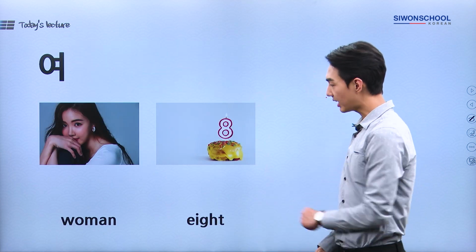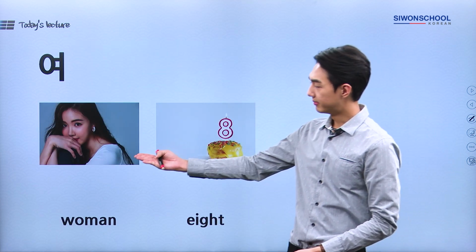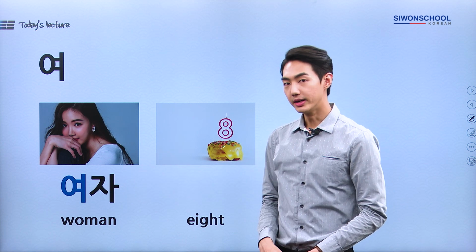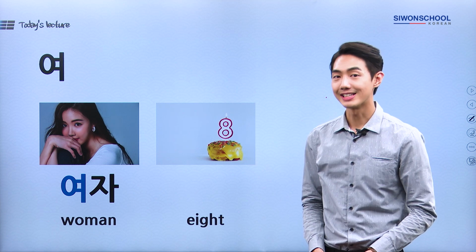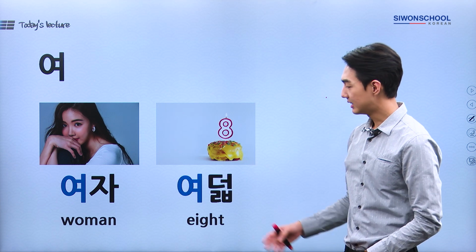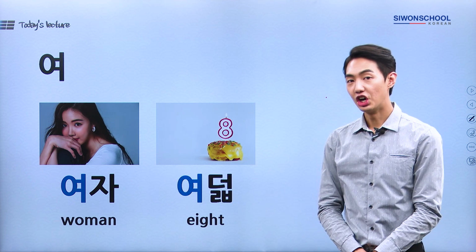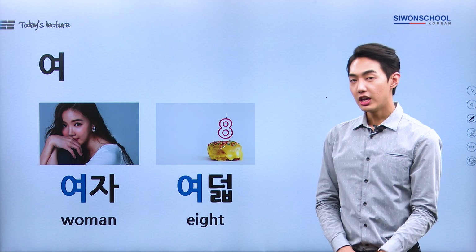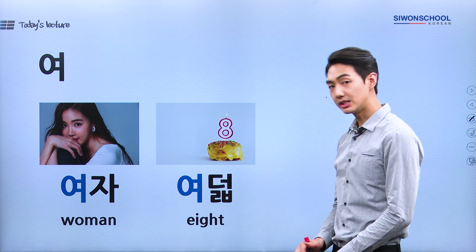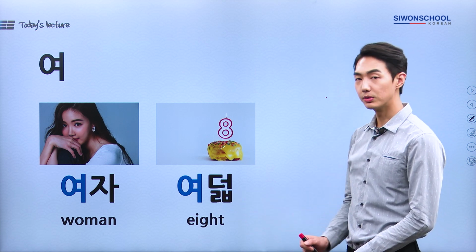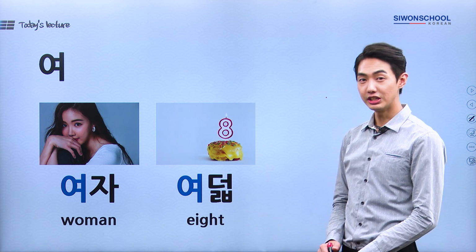Okay? Next one. So, this is beautiful woman. It's called 여자. And then, this is 여덟. If you know how to pronounce the 받침, this is called double ending consonant.